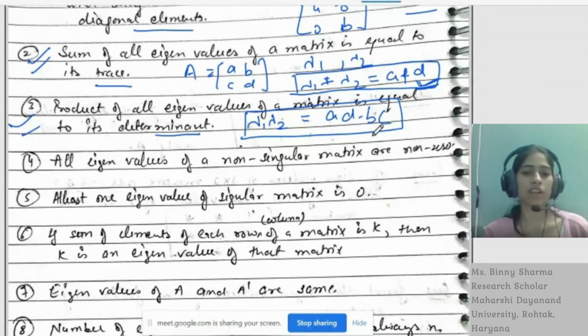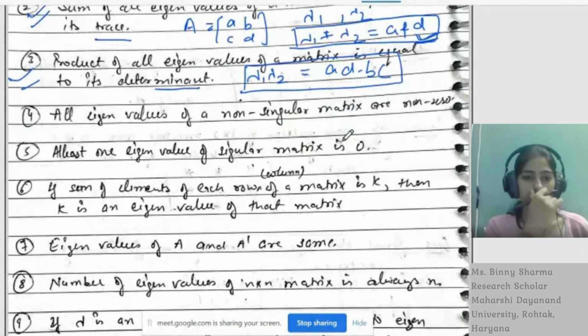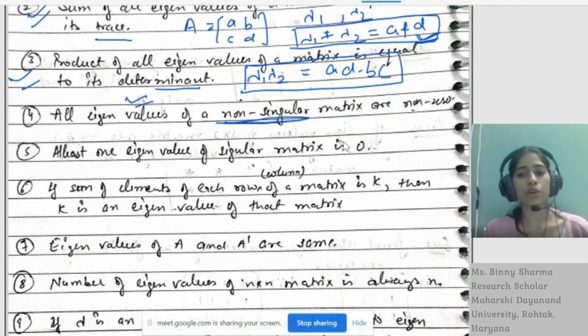These both results are very important, so please remember them. The fourth is that all eigenvalues of a non-singular matrix are non-zero. If a matrix is non-singular, then all its eigenvalues should be non-zero.